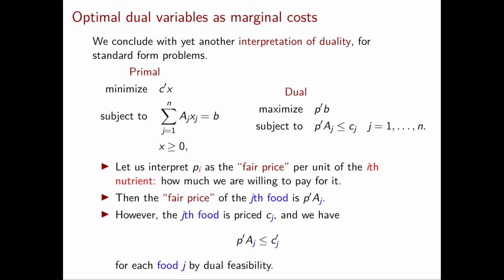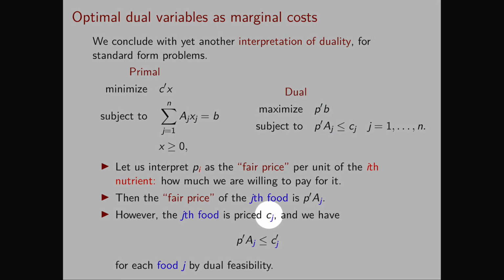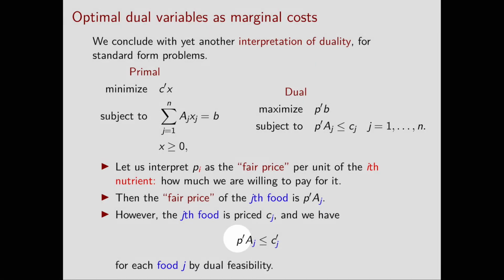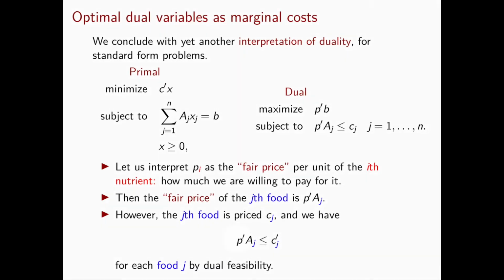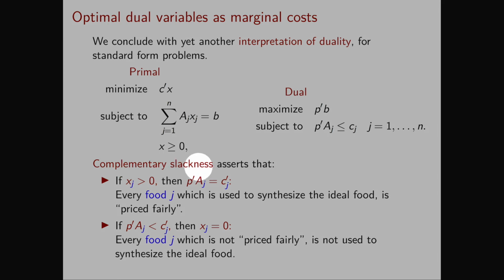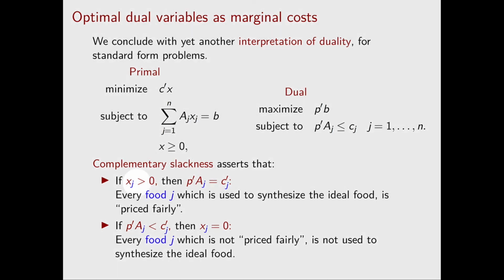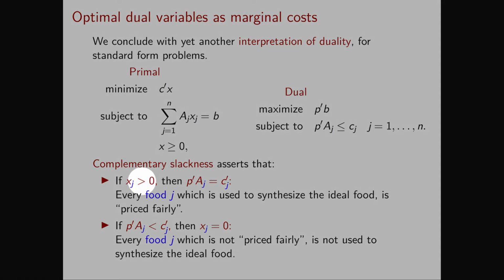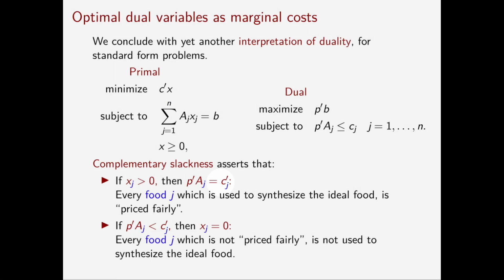From the objective function of the primal problem, we know that the cost of the jth food is cj. And from the dual constraints, we obtain that the fair price of the jth food is less than or equal to its actual price. Now let's use complementary slackness. If xj is strictly positive, then we must have p transpose Aj equal to cj.